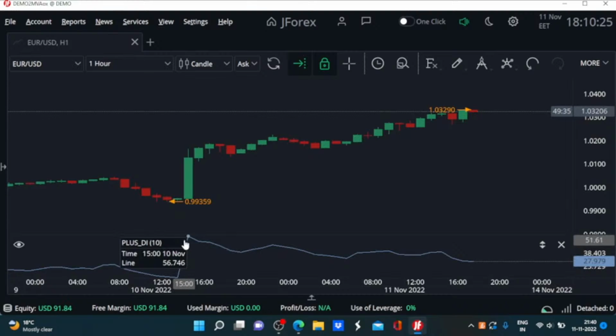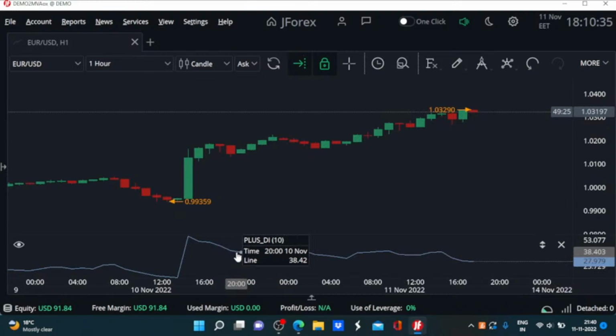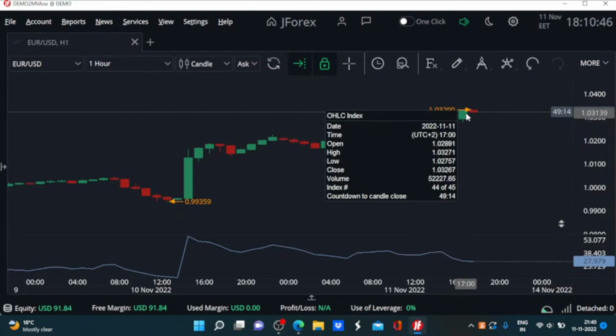So as you can observe, after release of yesterday's CPI data, we saw a sharp jump in the output value of plus DI, and after that it went into a consolidation phase, and after consolidation it started to pick up pace again. Then again the consolidation began, and after due consolidation it started to rise again, and it continued to rise towards this new high.